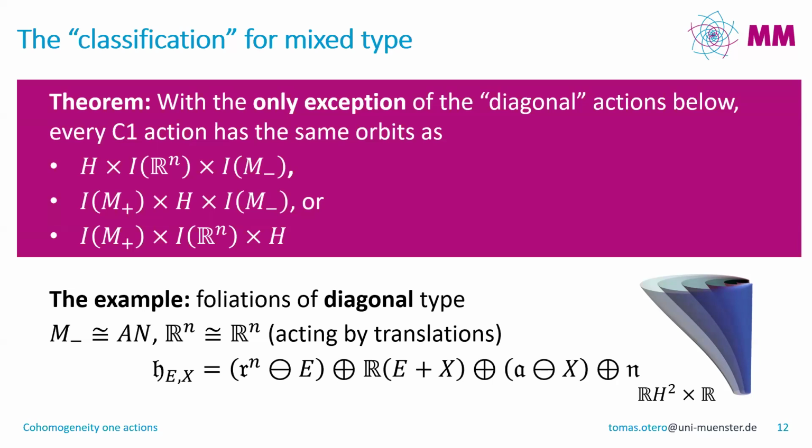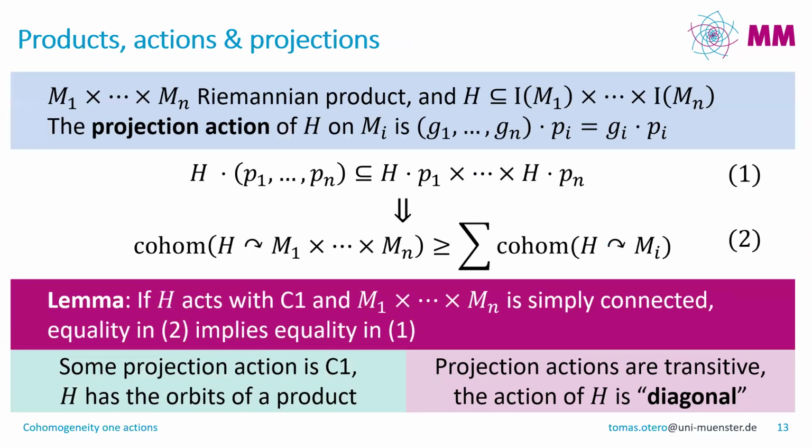And so how does one go about proving this sort of stuff? So the setting is the following. We have a decomposition of our Riemannian manifold as a product, and we want to see how the action behaves with respect to this decomposition.